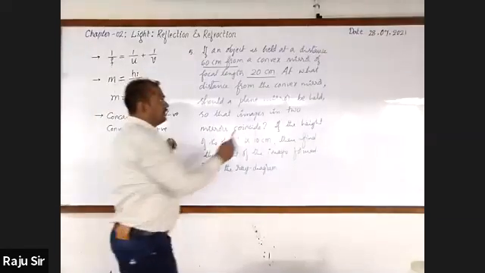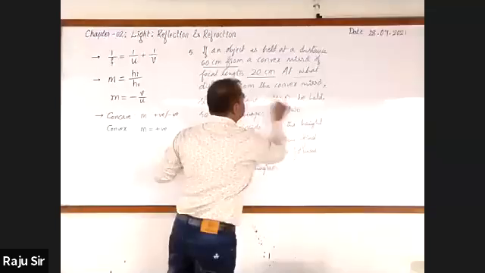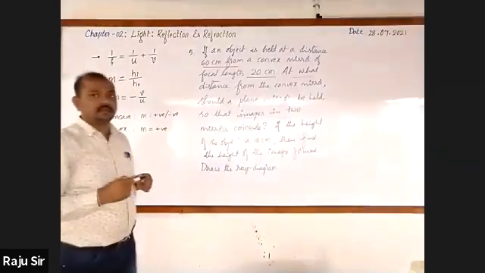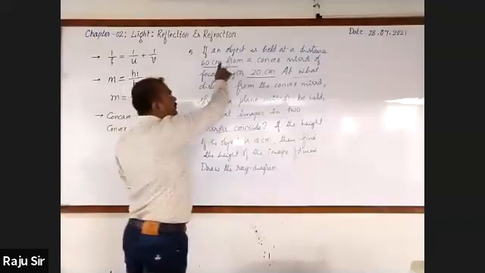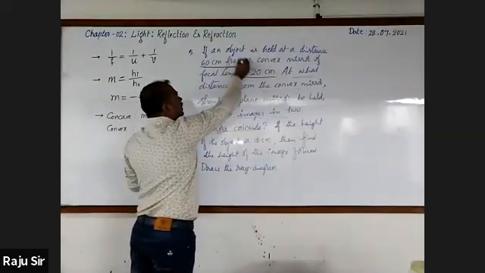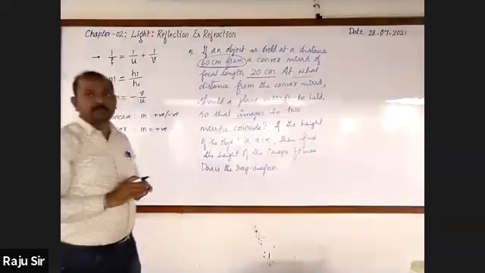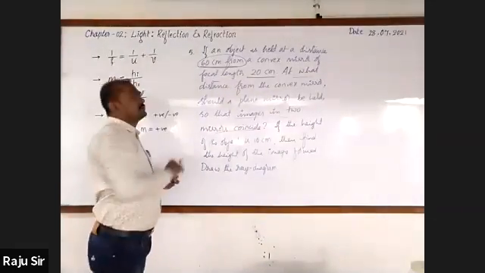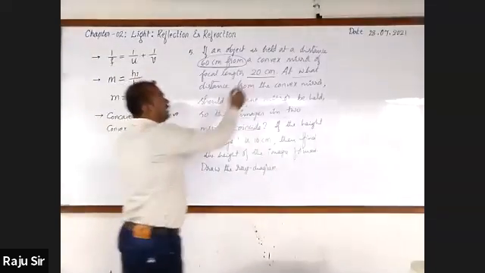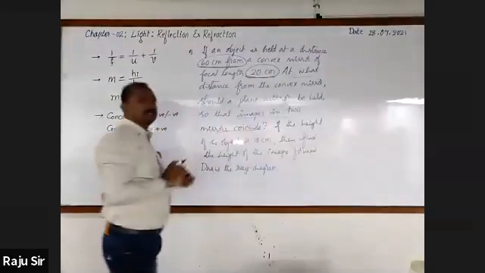Now, no need to go through this statement; let us focus on it afterwards. Just go through only the first sentence. Here they have given at what distance the object should be placed. It is 60 centimeter from the convex mirror, and the focal length is 20 centimeter.